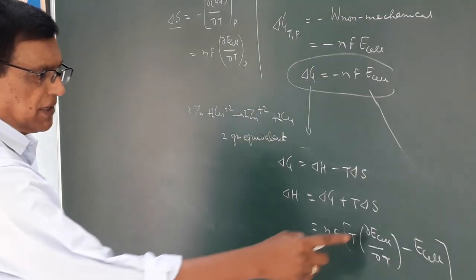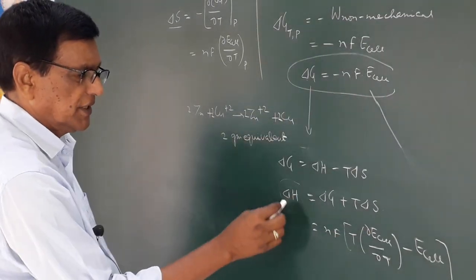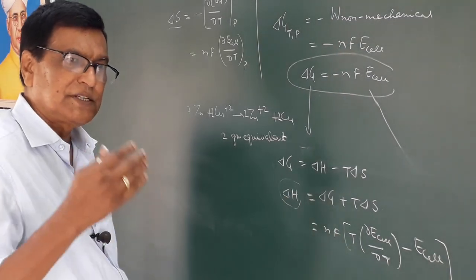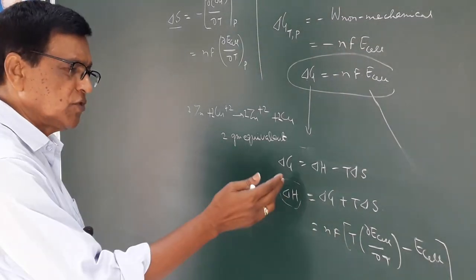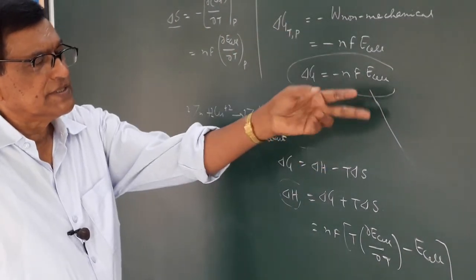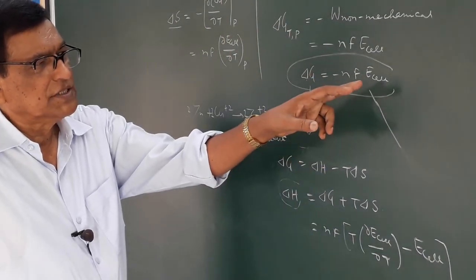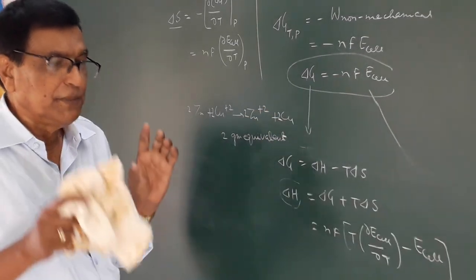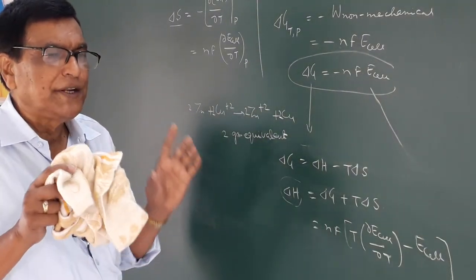In this fashion, delta H, or the heat of reaction at constant pressure, can also be determined, and these values obtained from the cell potential are very accurate.